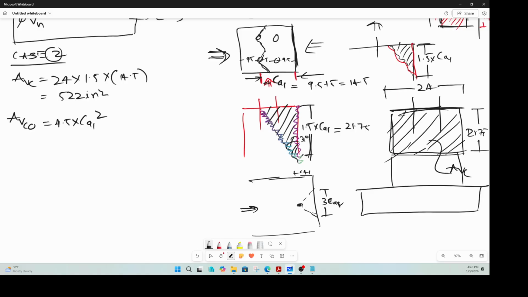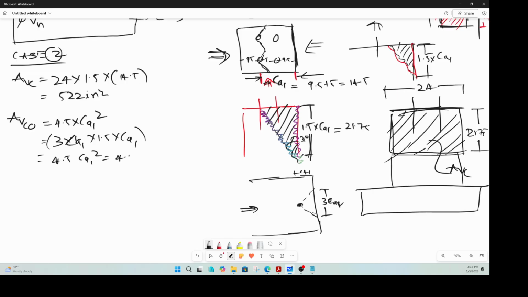And 1.5 times CA1 in the other direction. So that is 3 CA1 times 1.5 times CA1, which is nothing but 4.5 CA1 square.